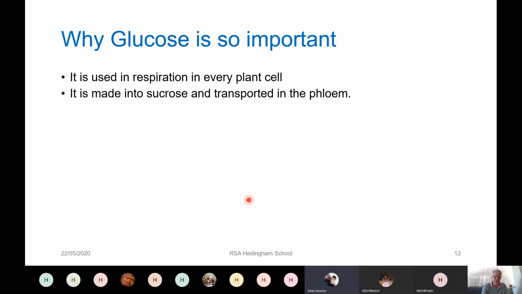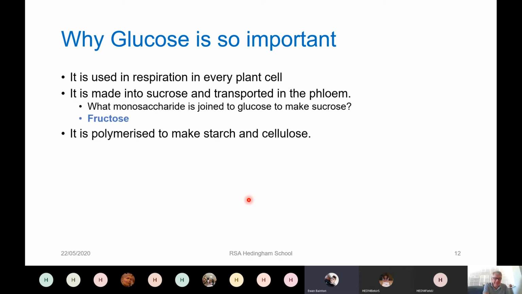Fructose, good. And it's also polymerized to make starch and cellulose. So alpha glucose, polymerize it, you get starch. Beta glucose, polymerize it, you get cellulose.